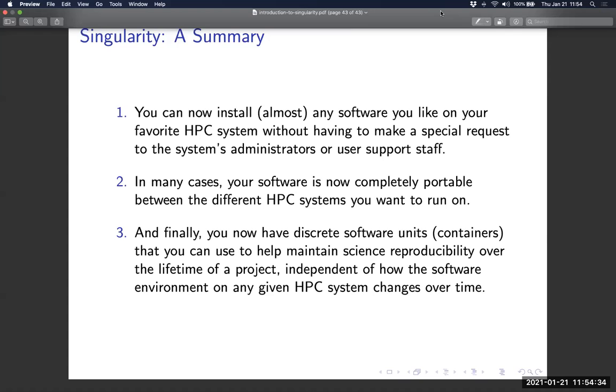Without going into too many details, it essentially allows you fake root access to your container on a system where you have no root access. So in theory, you can install or build your own containers on our systems. If you don't have access to a Linux system, you could log into Expanse and build your own container there. In theory, we could do that with the newer versions of Singularity.